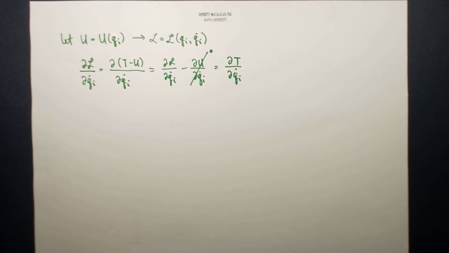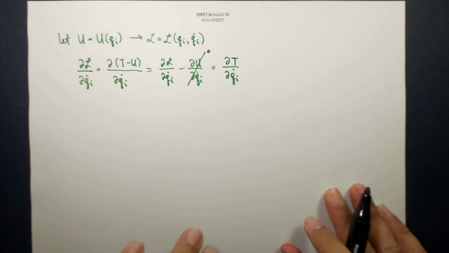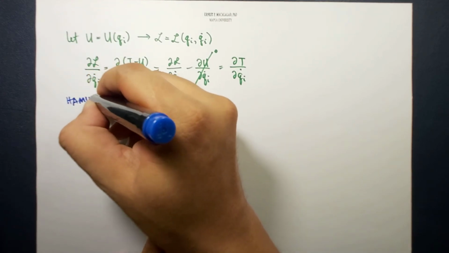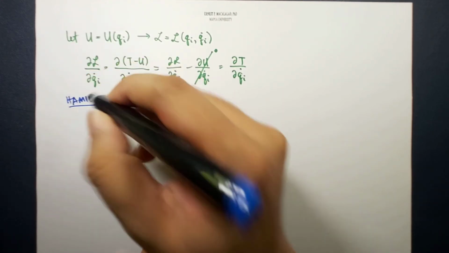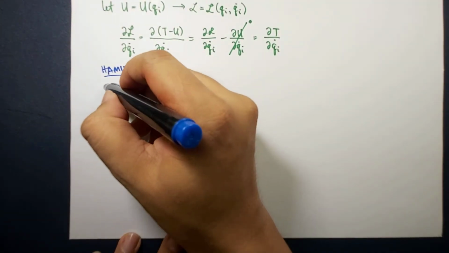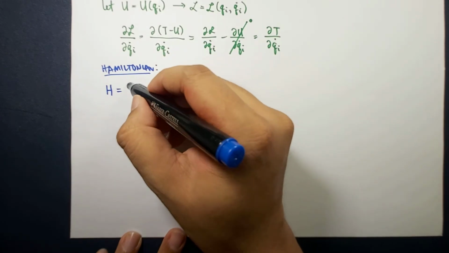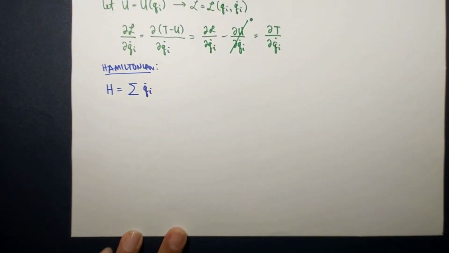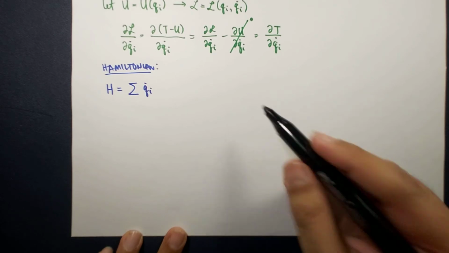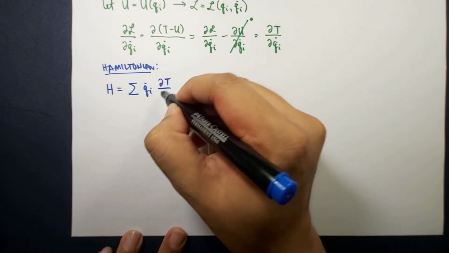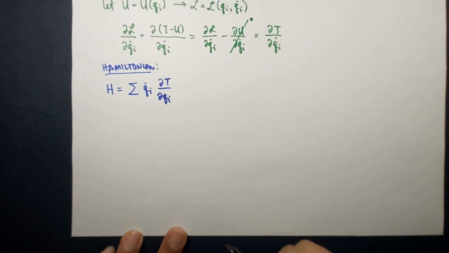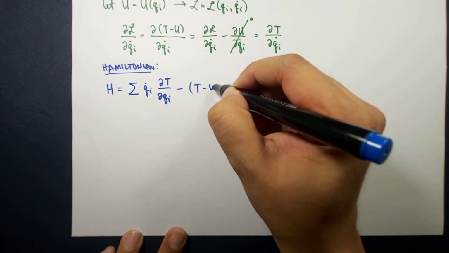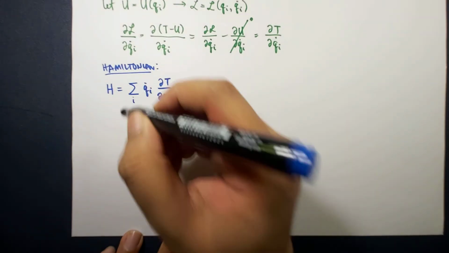So therefore, the Hamiltonian of the system is H equals the sum of qi dot times the derivative of L with respect to qi dot, which is equal to the derivative of T with respect to qi dot, minus the Lagrangian, which is T minus U. This is for all i's.